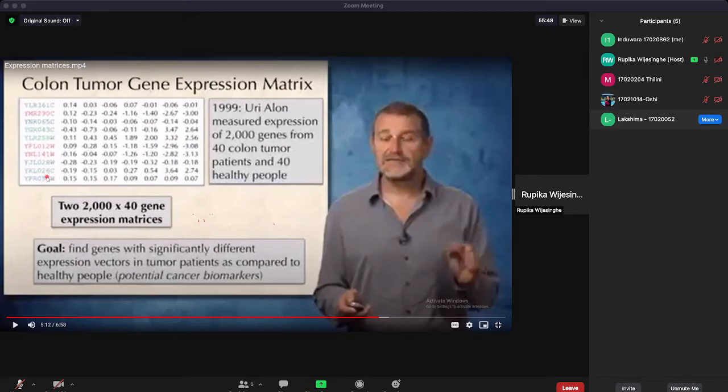We have these cancer biomarkers developed, so imagine we have to check only 10 genes. We have identified 10 genes that will differ from a normal person, so we check only 10 genes.